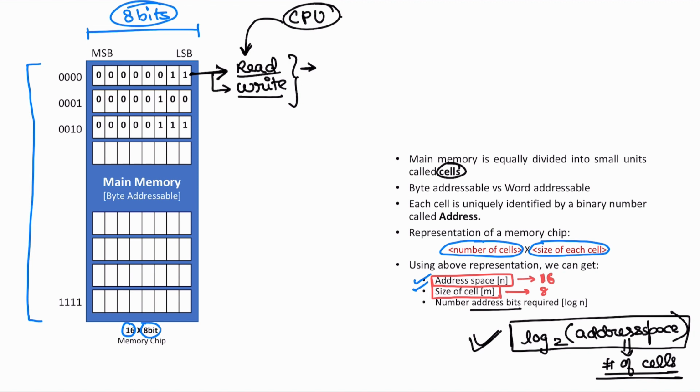Now we will be understanding more about the actual circuitry inside the main memory. For example, if the CPU wants to access main memory, it will give some things. How these things go inside the circuitry, and how the main memory knows whether we will be performing a read or write operation and on which cell, all of this we will discuss when we discuss memory organization.